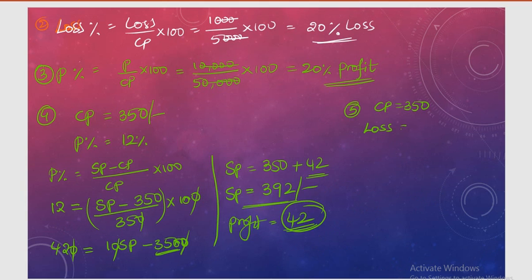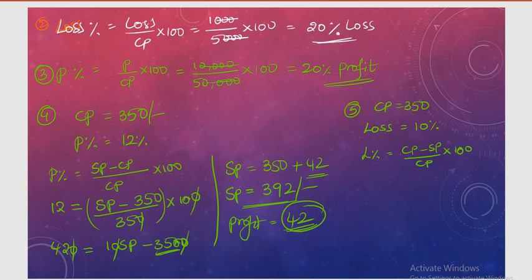So loss is equal to 10%. Okay, so if loss is 10%, then I can write down the formula of loss percentage. Loss percentage is equal to CP minus SP by CP into 100.